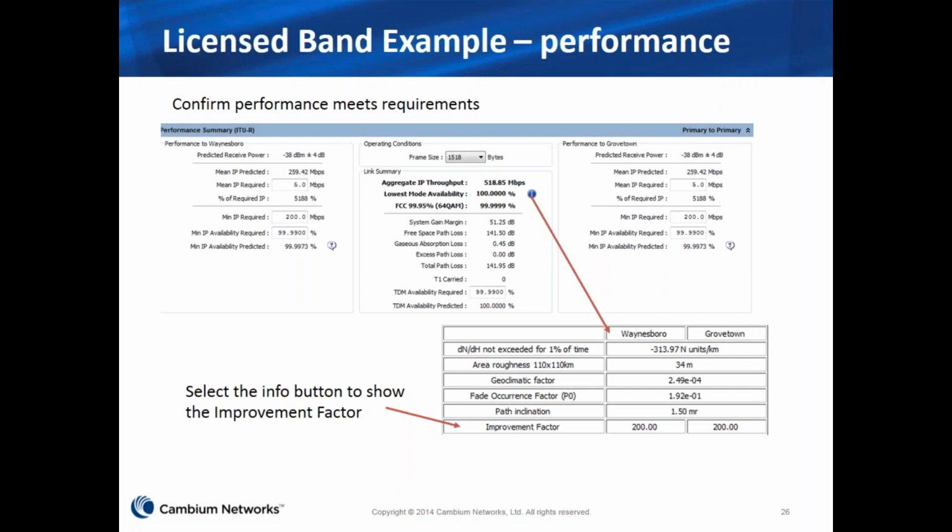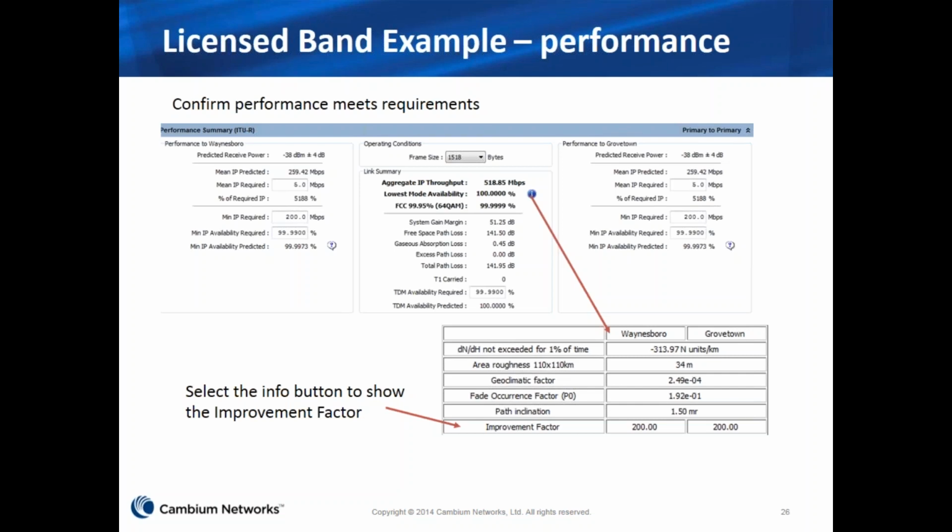So we've talked about the improvement factor. You can actually see what's been allocated as the improvement factor by selecting that info icon. And that shows you the improvement factor at the lowest mode. So what we need to remember is that one of the factors in the improvement factor calculation is the fade margin, and the fade margin changes as we change the modulation mode.